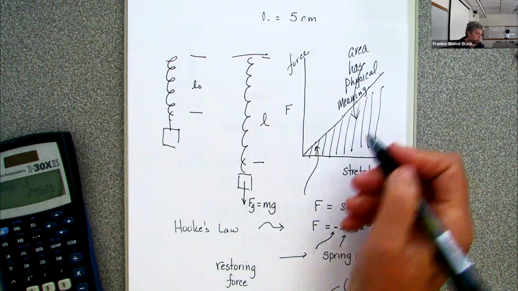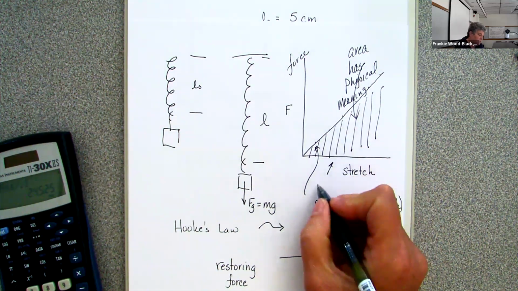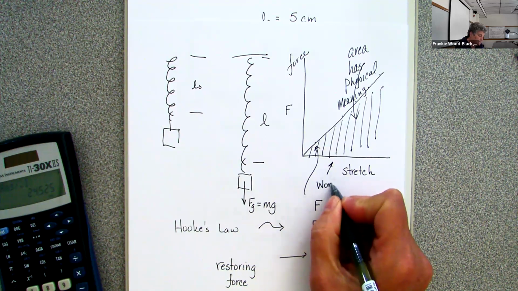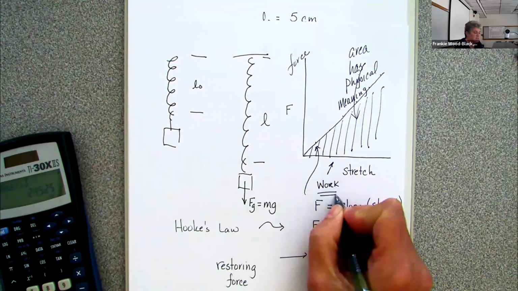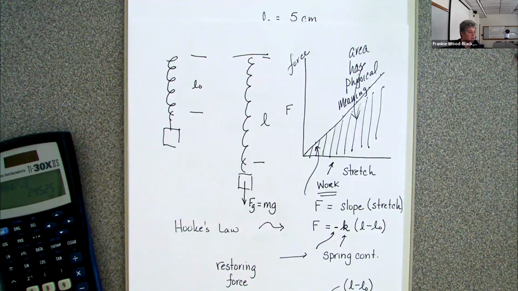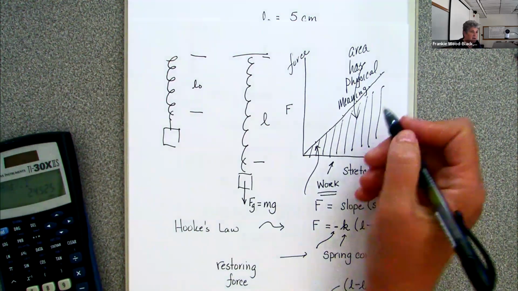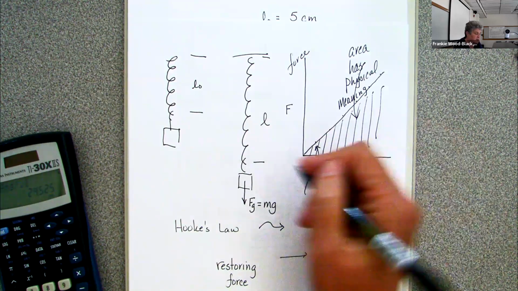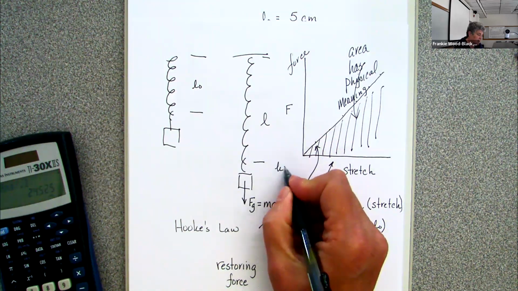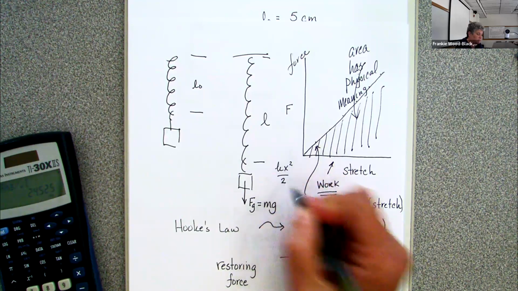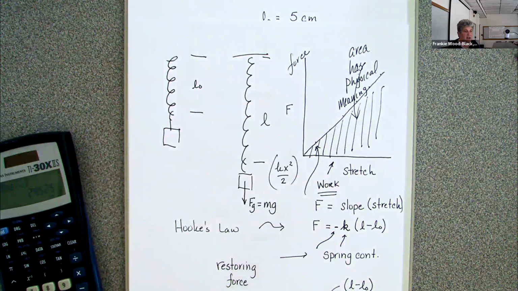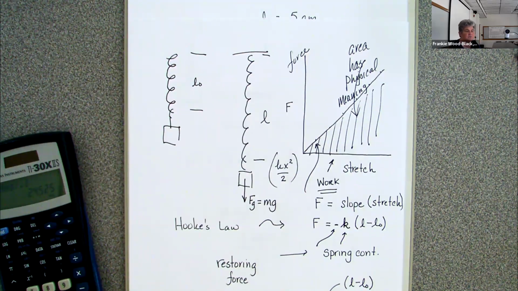And that physical meaning is actually called work. We're going to get a concept called work. If we look at the area under this graph, the area under this graph is going to be kx squared divided by 2. That's kind of an interesting factoid here.